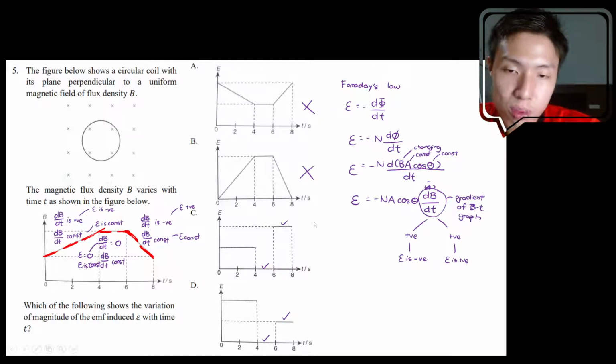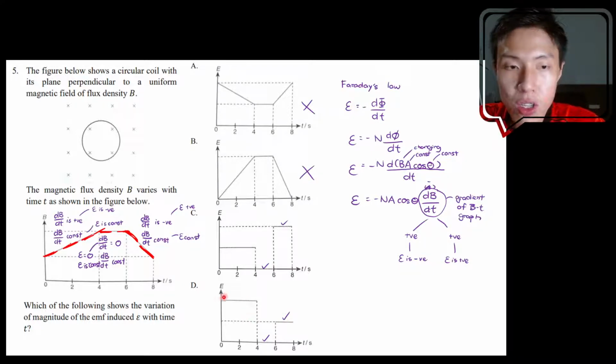But what's the difference between the graph in C and the graph in D right now is you can see that graph C has a greater EMF for the later section, whereas graph D has a greater EMF for the earlier section.